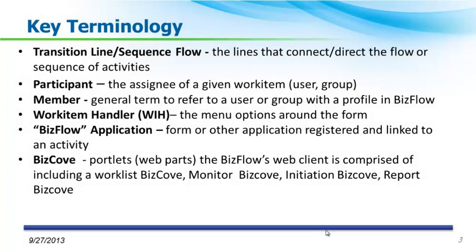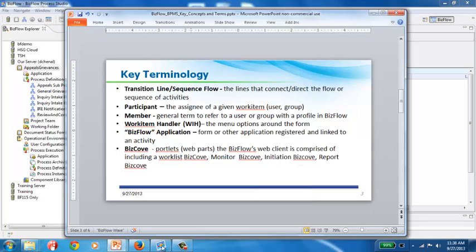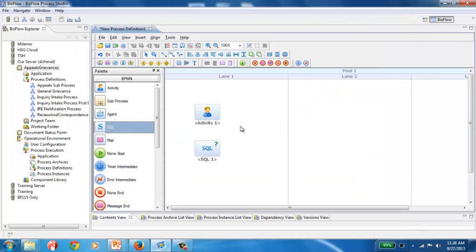In BizFlow, we use the term application, and it's somewhat interchangeable with the word form, but applications can be things other than forms. On a given step or activity in the process, again, we'll go back to our model, we can associate applications to activities.